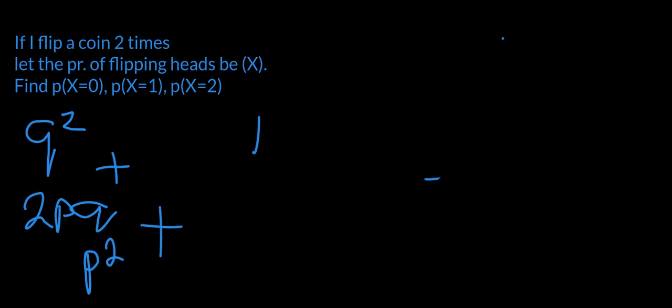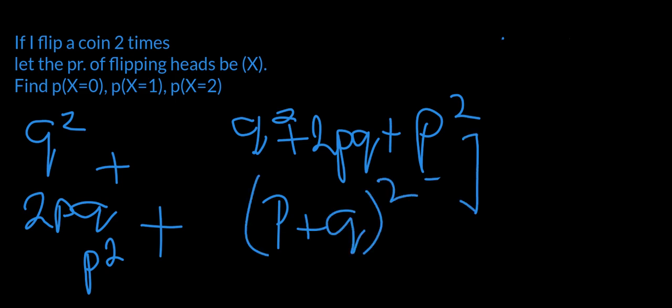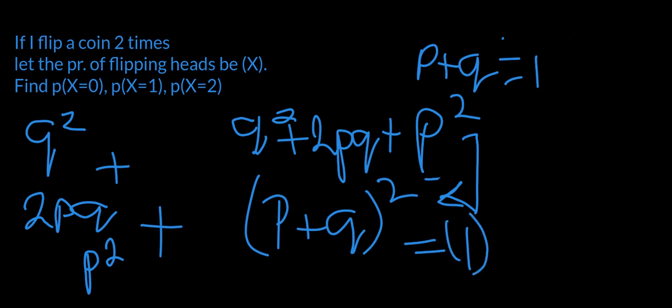It's q square plus 2pq plus p square, which is the same as p plus q all squared. Since p plus q is simply one, this is one square, which is one.